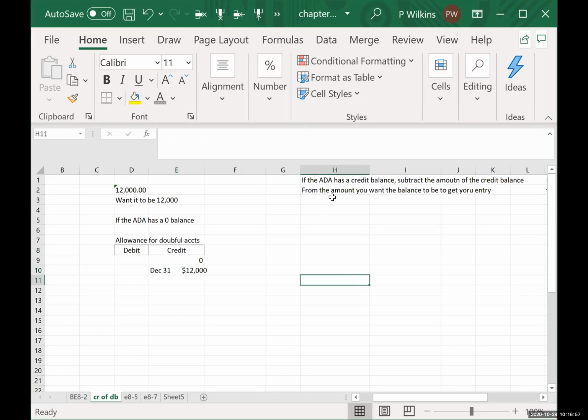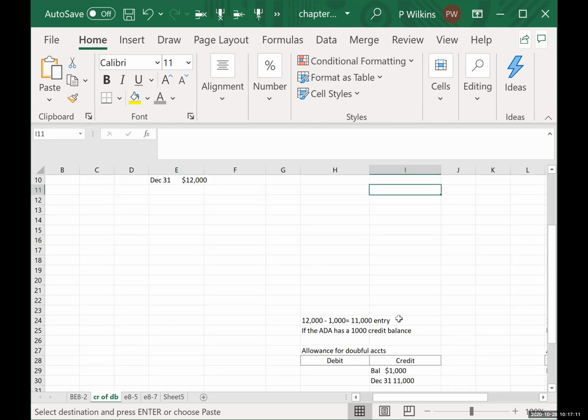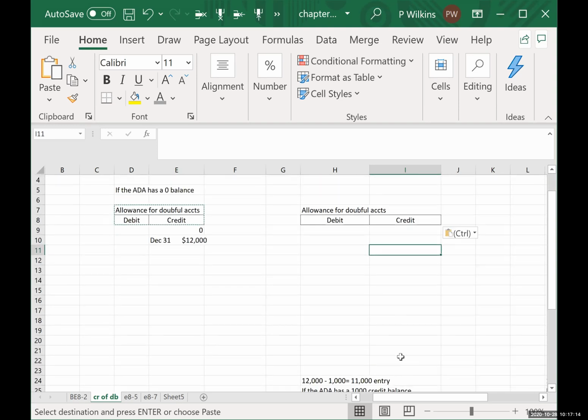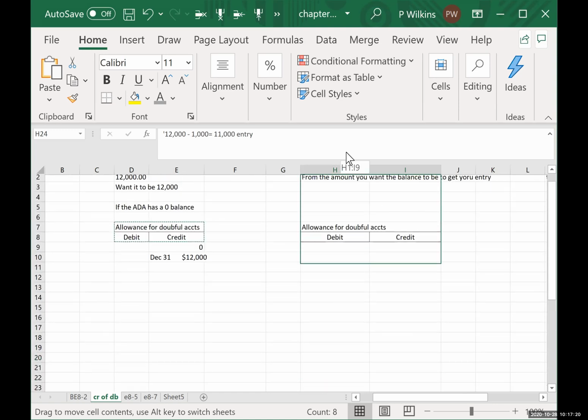All right, so let's pretend we're going to look at another scenario. Allowance for doubtful accounts has a credit balance of, actually, I just pulled this up here, $1,000, okay?